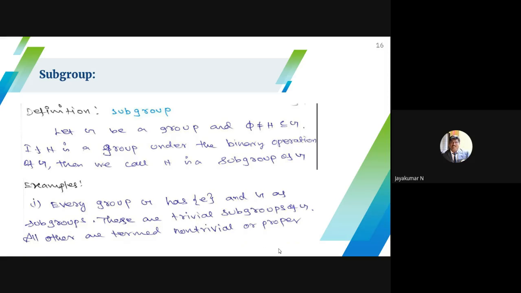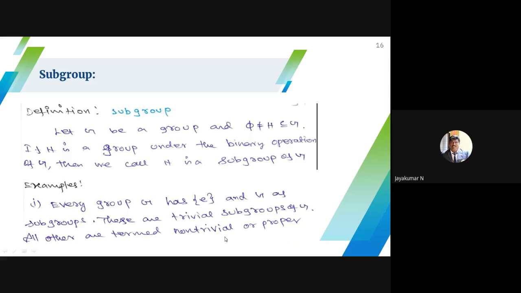So trivial subgroups: if we choose any subgroup, the singleton {e}, the identity element itself, and G both are subgroups of a given group G. So every group G has the singleton {e}, that is nothing but the singleton identity element, and G as subgroups.